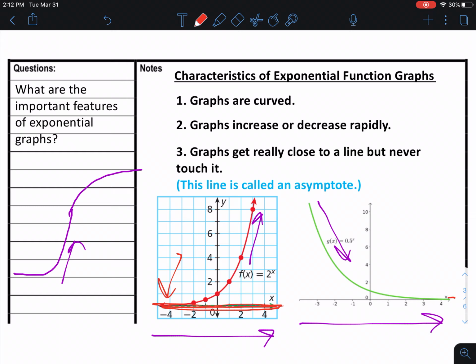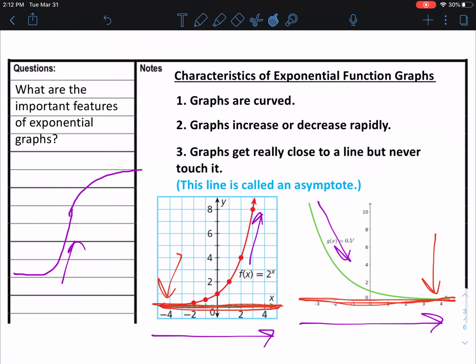Over here, this is the line, and on this part, it gets really, really close to that red line. The green line gets close to that red line, but never actually touches it. That red line is called an asymptote. We won't really talk about asymptotes too much other than to just know that the graph kind of levels off at some point, or it gets really close to something there.